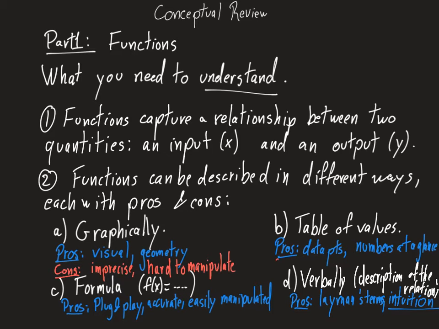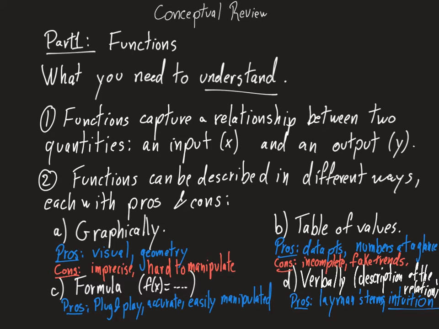The cons of a table of values are obviously that they are incomplete, which is a problem on its own, right? You don't have all of the data, you just have point-by-point information. But the other, more insidious issue with tables of values is that you can have fake trends, right?